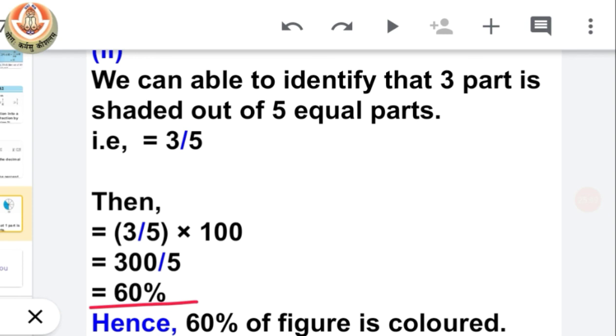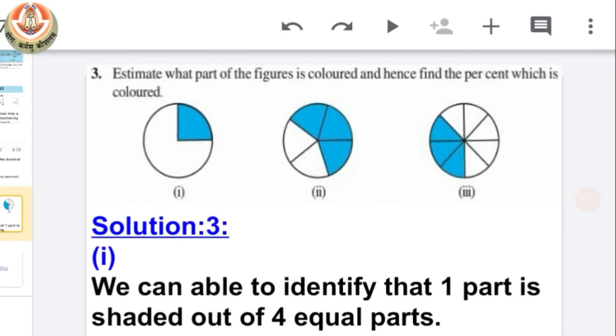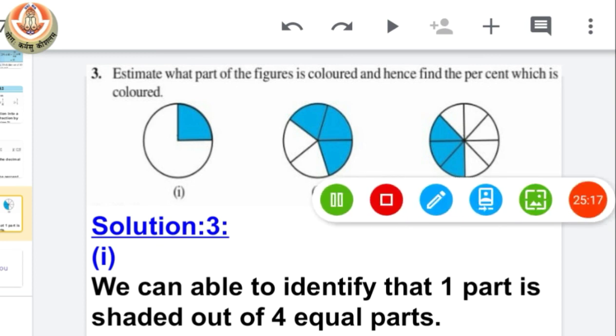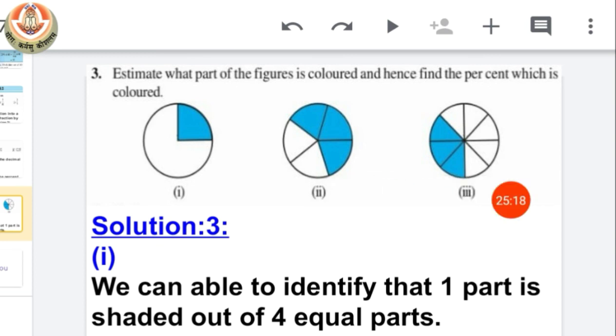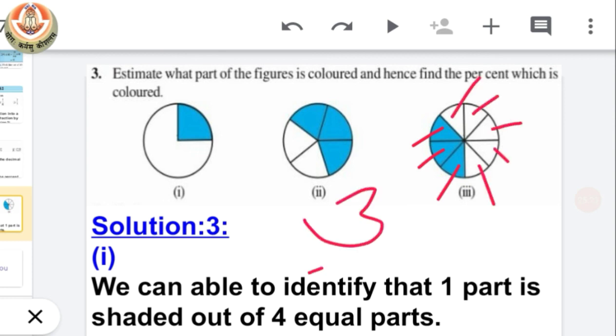Okay, now let's see the third part. Here we have 3 colored out of 8. You can see 1 up to 3 are colored, out of 4, 5, 6, 7 and 8, so out of 8.